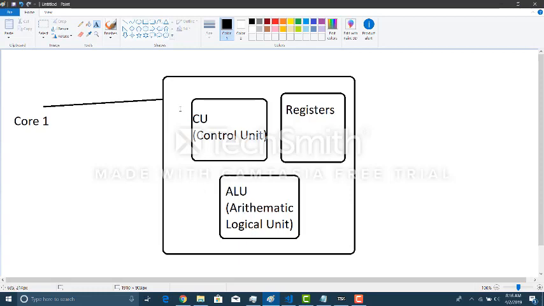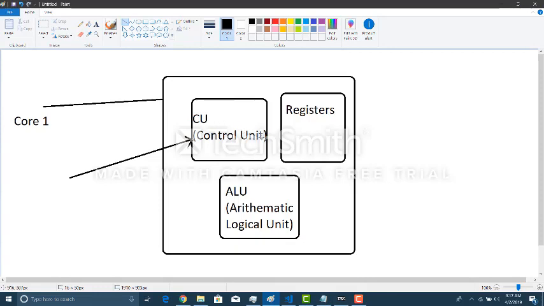The control unit acts as a policeman in the CPU, the traffic control. All the traffic in the CPU is controlled by the CU, and every instruction flow is firstly and primarily given to the control unit.